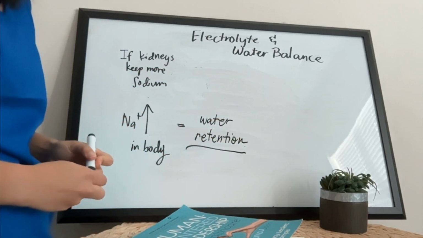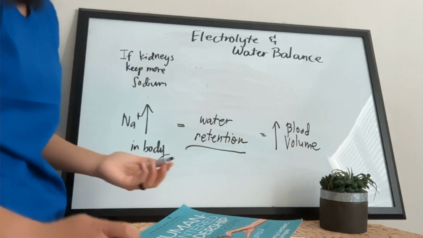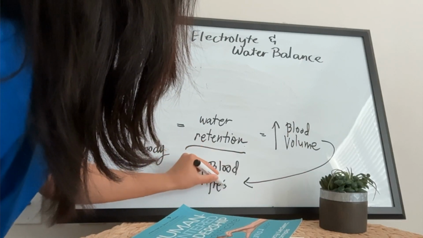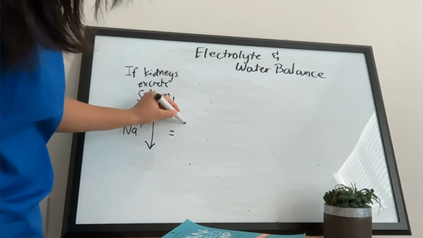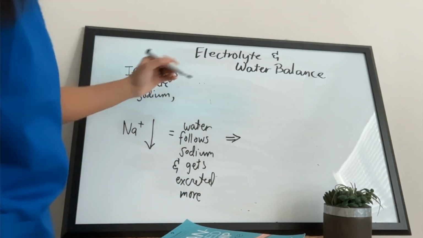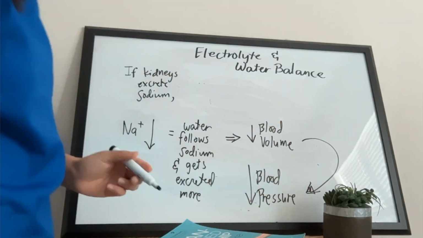This increases blood volume, which pushes more force against blood vessel walls, aka raising blood pressure. On the flip side, when the kidneys excrete more sodium, water leaves with it. Blood volume drops, pressure inside the vessels decreases, and blood pressure goes down. So even small changes in sodium handling by the kidneys can have a big impact on blood pressure over time.